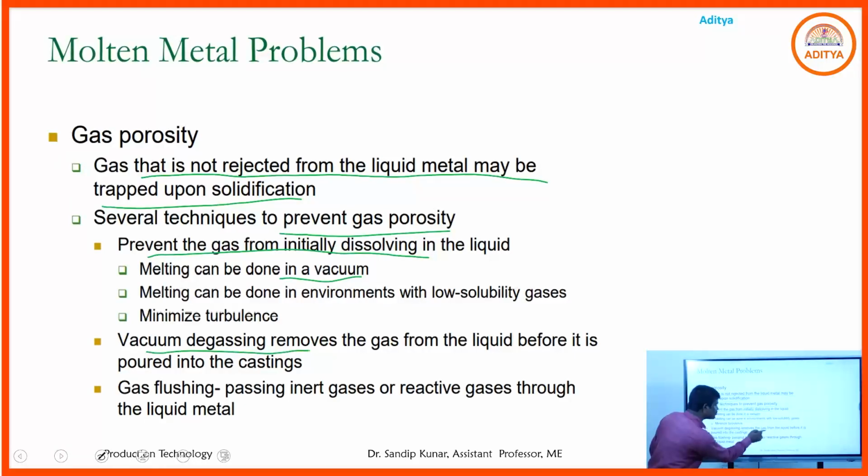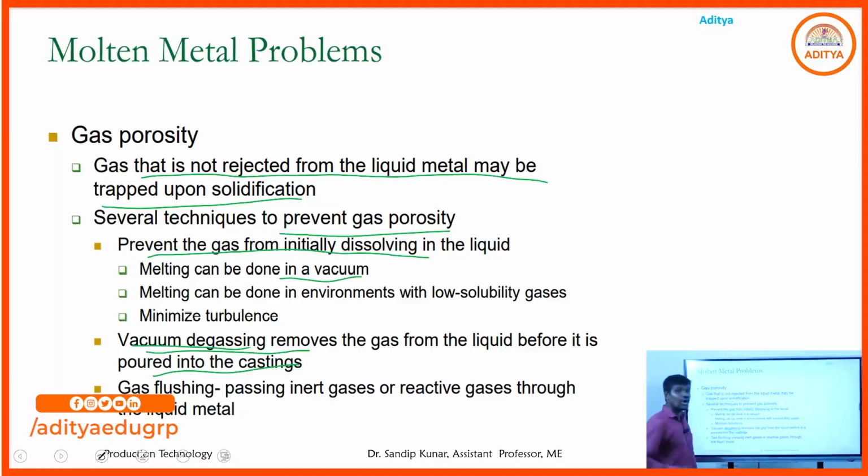Vacuum degassing removes the gas from the liquid before it is poured into the casting. The main objective is removal of gas from the molten metal as we pour it into the mold cavity.